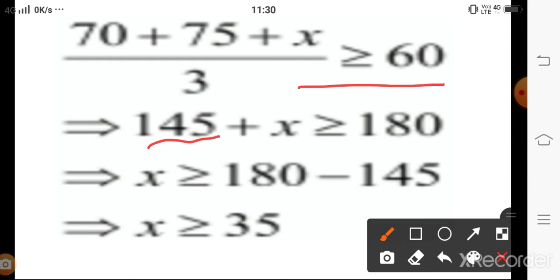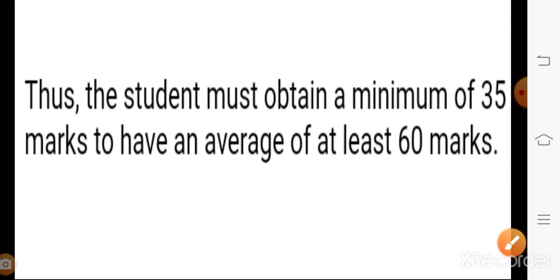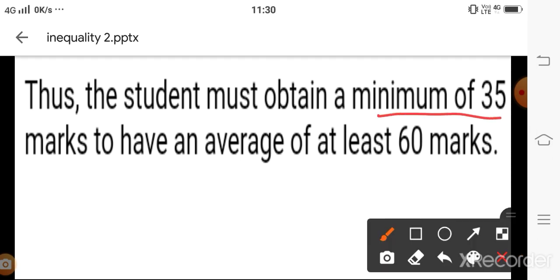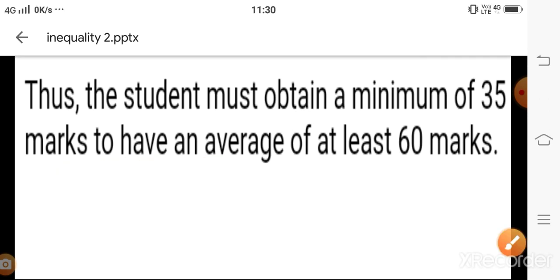Multiplying both sides by 3 we get 180, and subtracting 145 on both sides, 180 minus 145 is 35. It means x should be greater than or equal to 35. The minimum marks in the third exam is 35 to obtain an average of at least 60 marks.